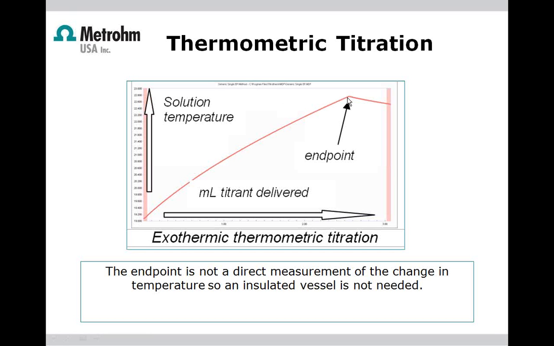At the point where all the analyte is neutralized, we have a break in that curve, and that is what indicates the endpoint in a thermometric titration. Now, conversely, if we were dealing with an endothermic reaction, we would likely see that that curve would go in the opposite direction. So we would go from a high to a low temperature, and at the endpoint, we would see a break in the curve.